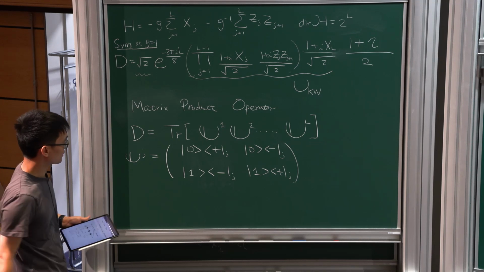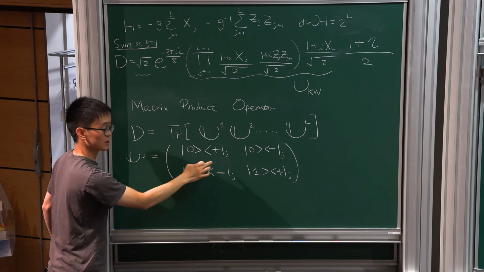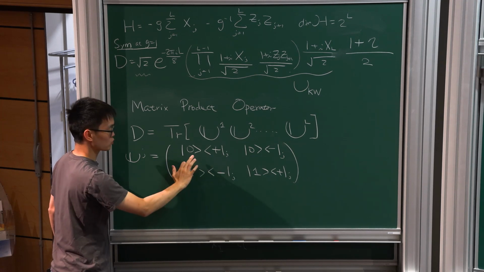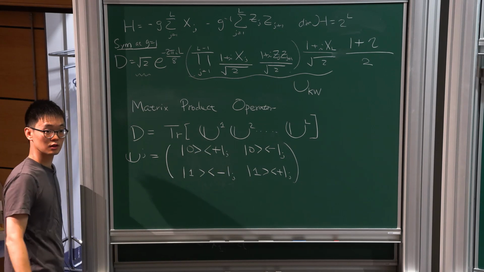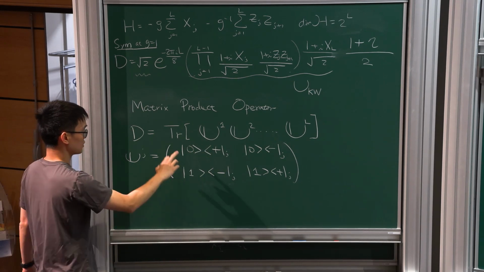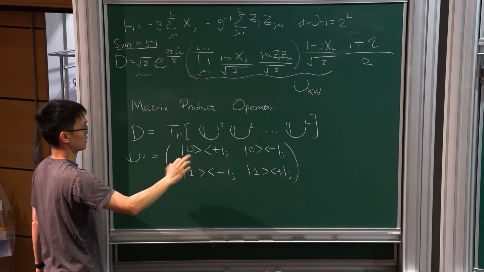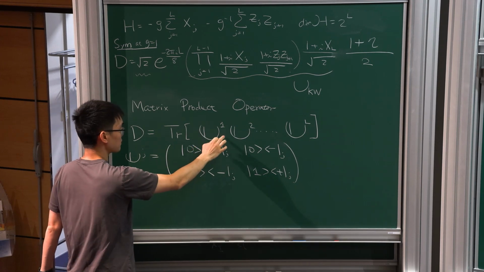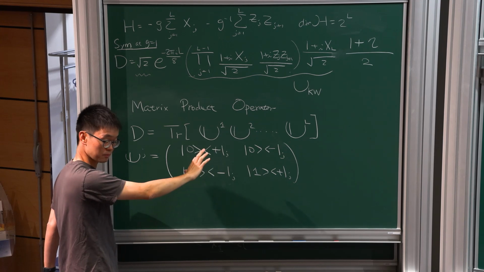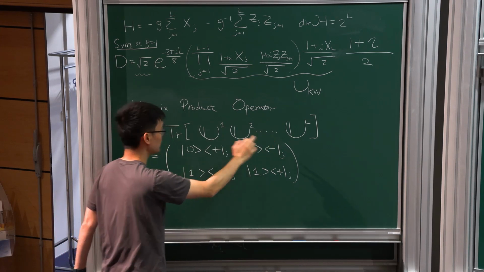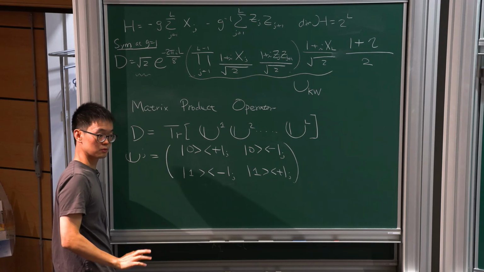So what does this mean? This is an operator acting on site J. I group 4 such operators into a 2x2 matrix, so this is an operator-valued matrix. Then I multiply them by 2x2 matrix multiplication in this expression, and then take the trace in that 2-dimensional virtual space.